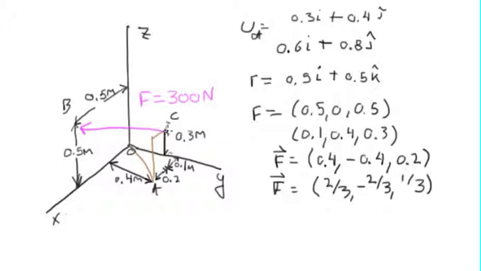Now that you have your force vector as a unit, multiply that by the magnitude of the force to get the actual complete force vector. 2/3 times 300 is going to be equal to 200, minus 200 and 100.